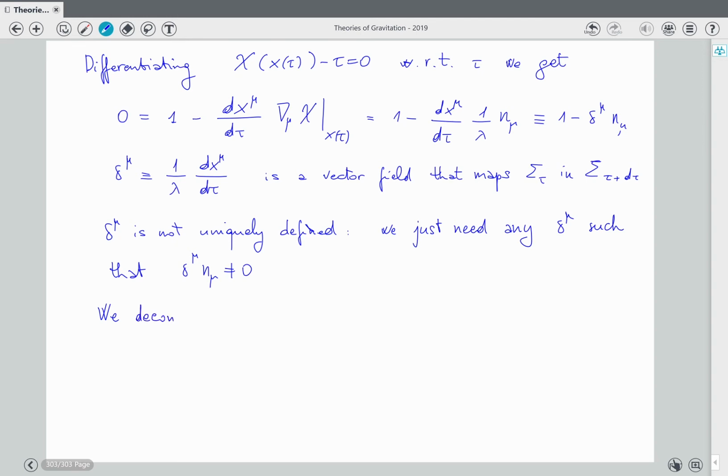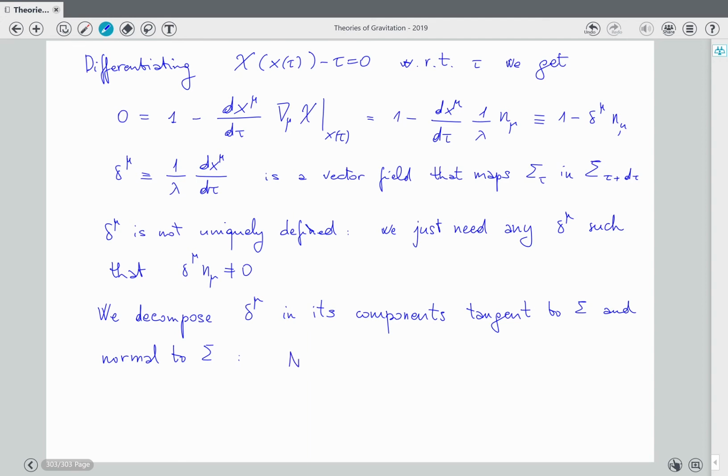Decompose delta mu in its components tangent to sigma and normal to sigma.